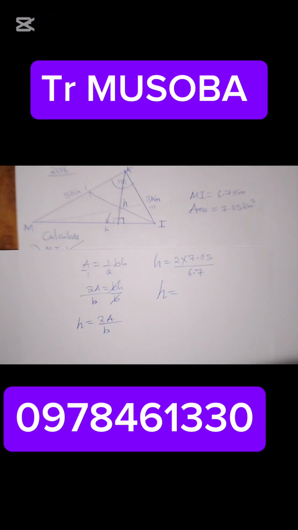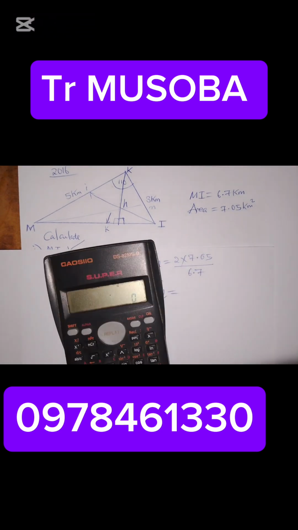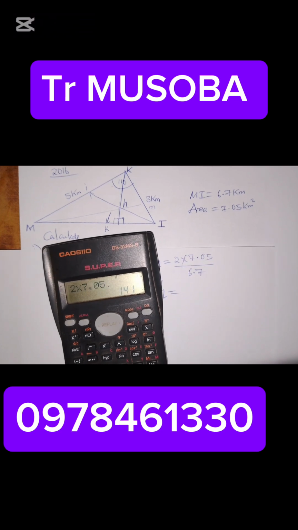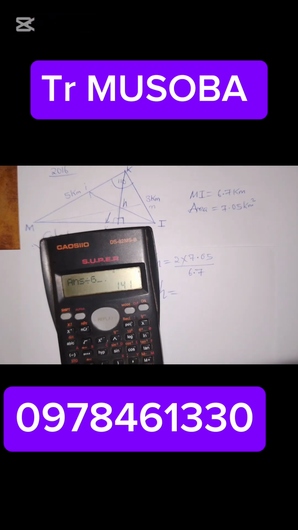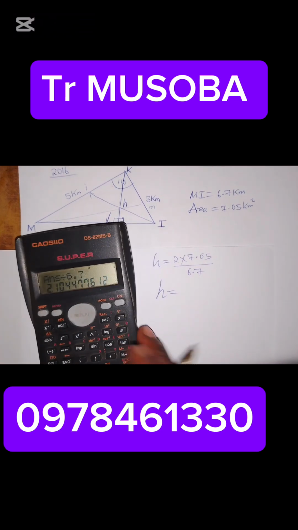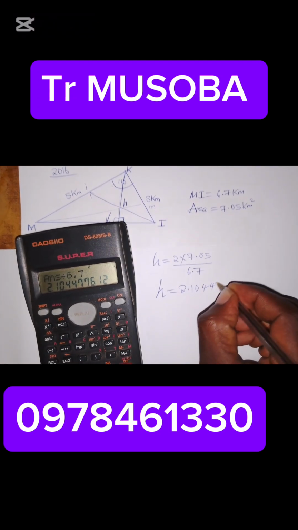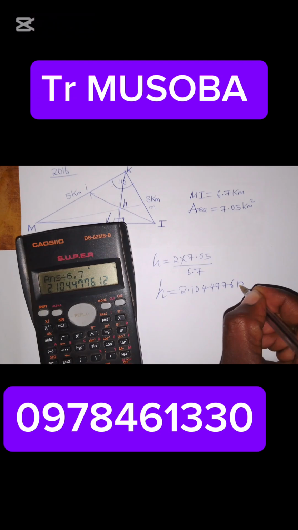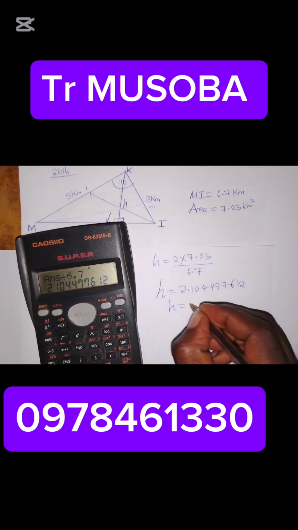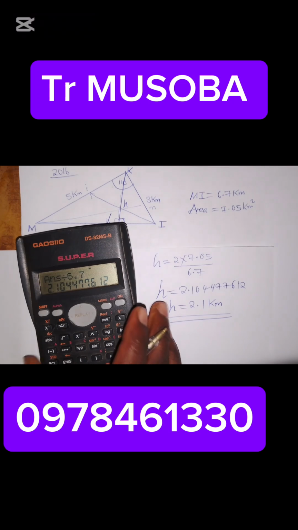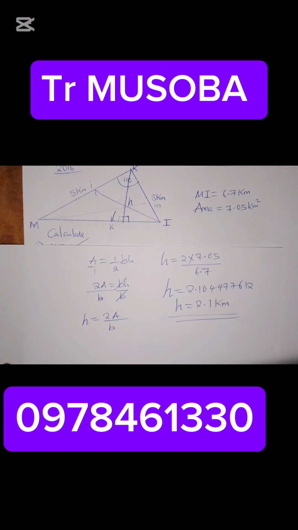So H is equal to 2 multiplied by 7.05 divided by 6.7. So it is 2.1044777612. So H is equal to 2.1 kilometer. And this is the answer. This is the shortest distance.